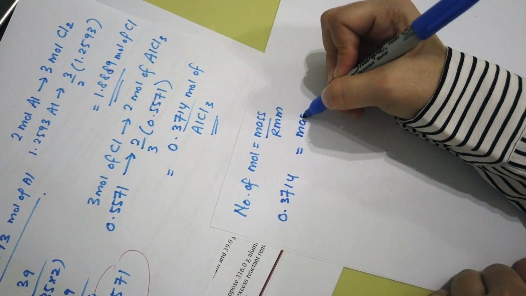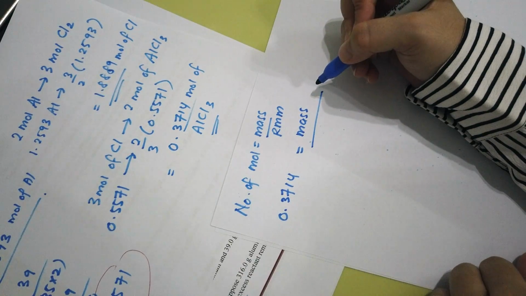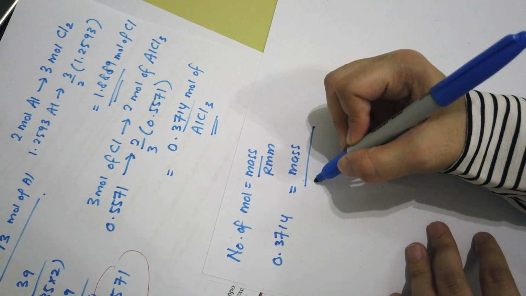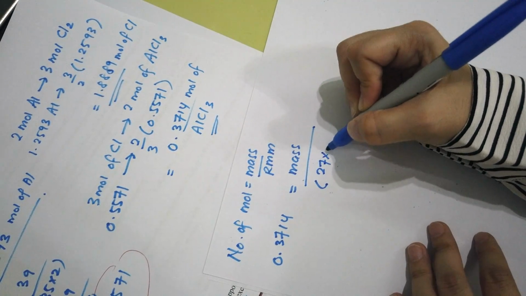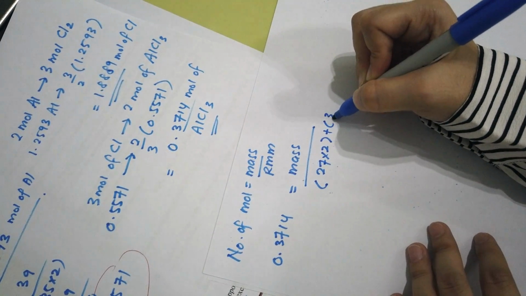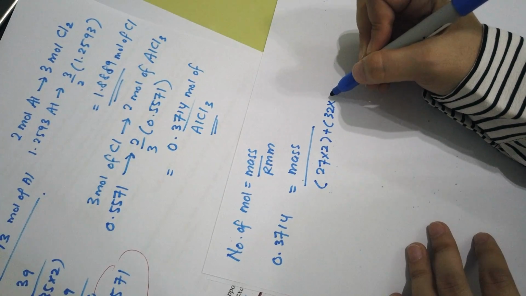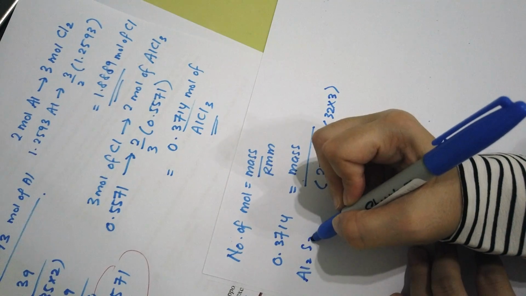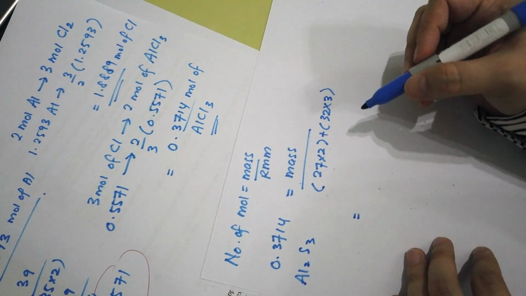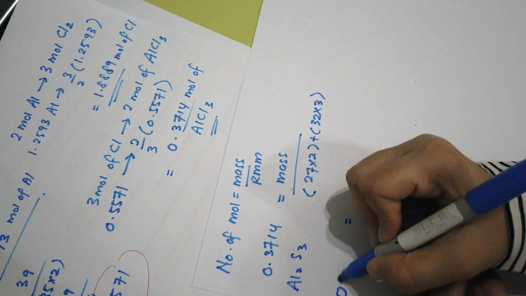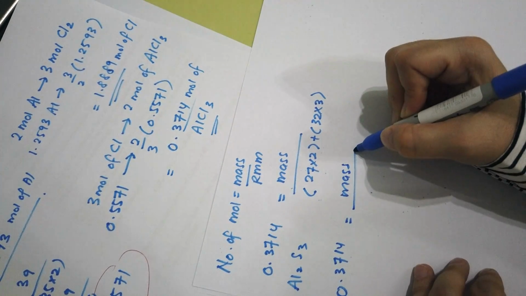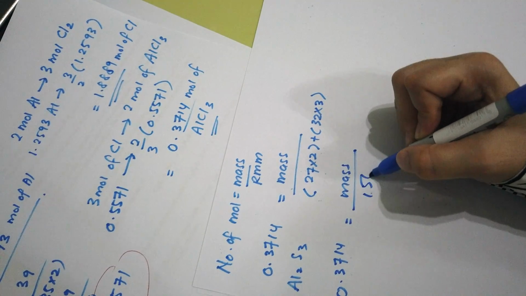The mass is what you want to calculate, and the RMM is for aluminium chloride, 27 plus 35 times 3, which is 150. So 0.3714 over 150.